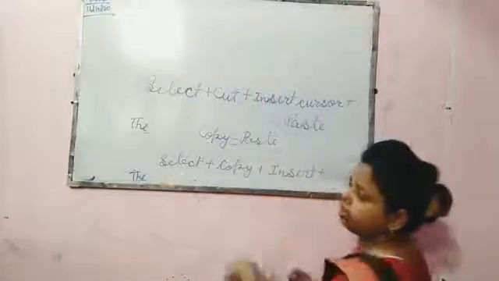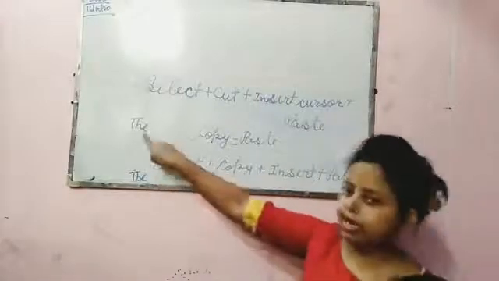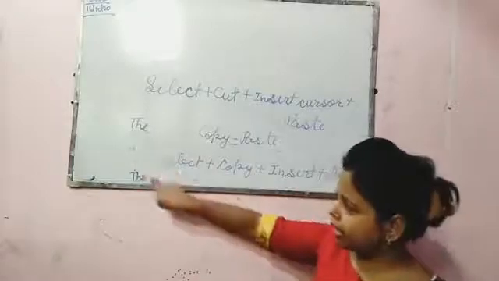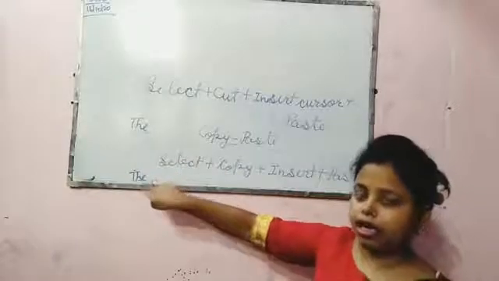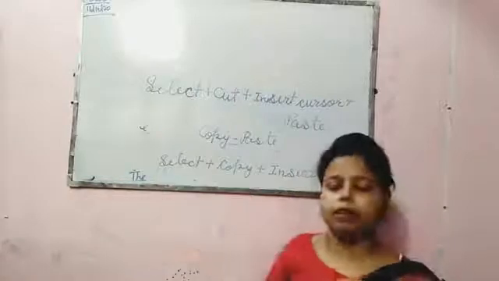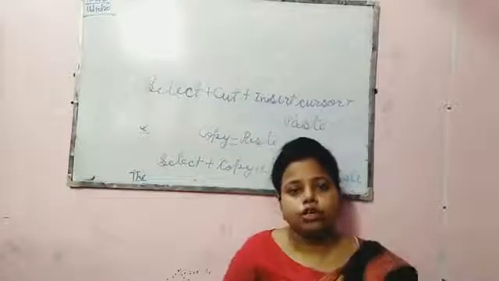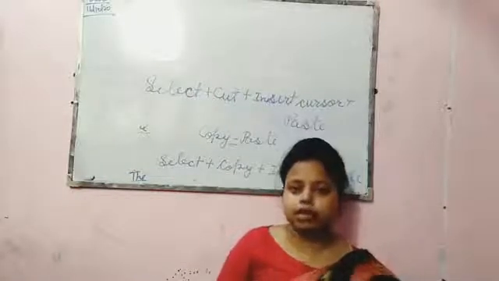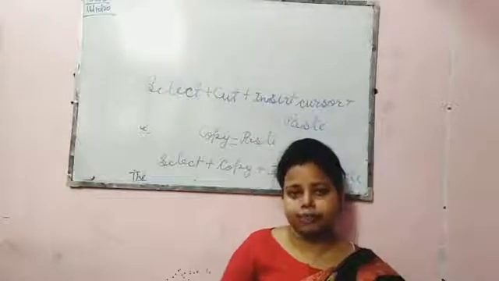Then the text will come here. It is not erased from here, but it comes here too. But in cut and paste, it will be erased from here, then it will come here. So this is the difference between cut and paste and copy and paste.